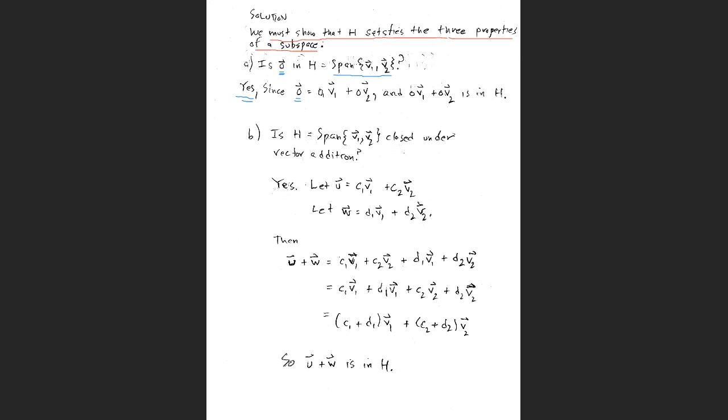It can be written as 0 times v1 plus 0 times v2. We can do that.